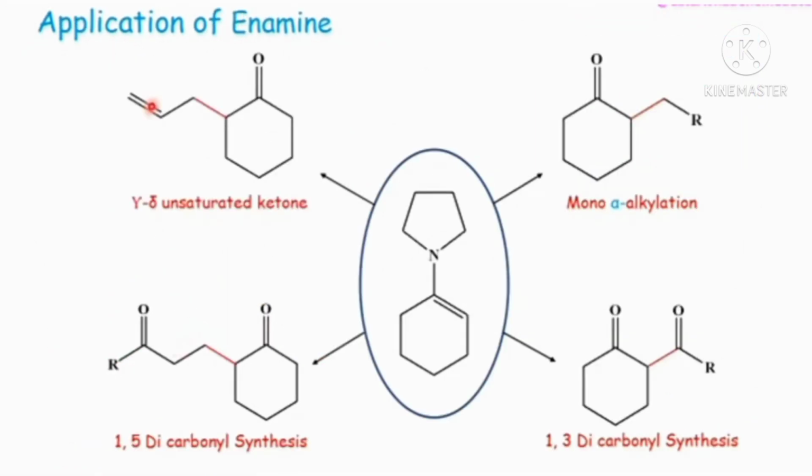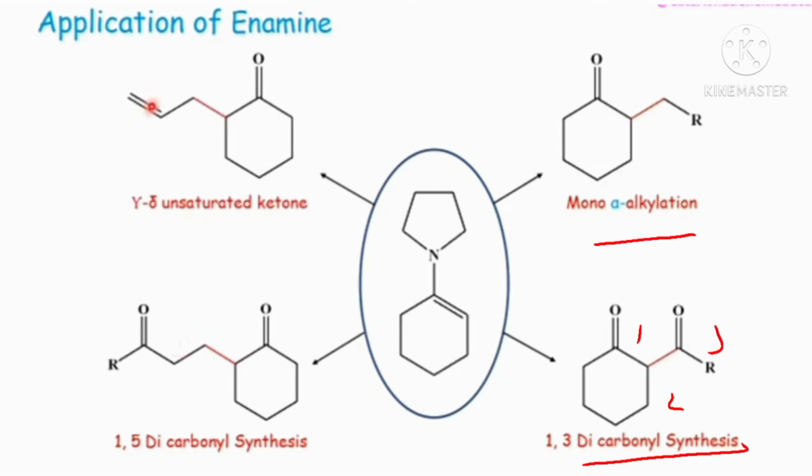Then next, the applications of enamine. By using enamine there is formation of different types of products or reactions. First is the monoalkylation reaction. Next one is 1,3-dicarbonyl synthesis. Here numbering 1, 2, 3.